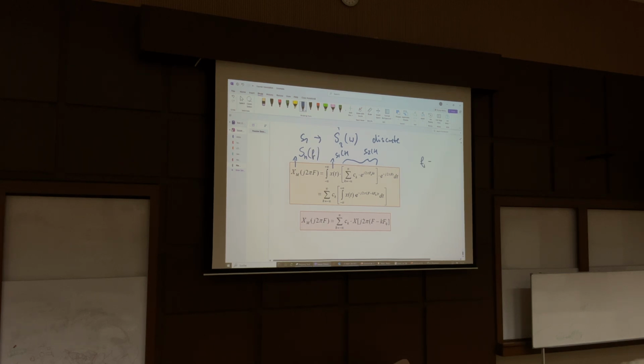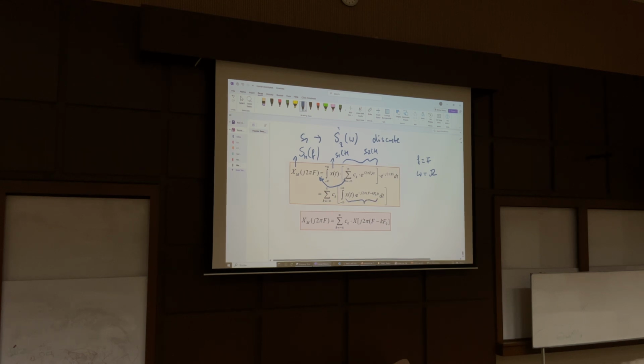F is equal to capital F, omega is equal to capital omega. I don't care about the capital ones. So you see, we can get this out here because this is a linear operation. I can interchange the sum and the integral.